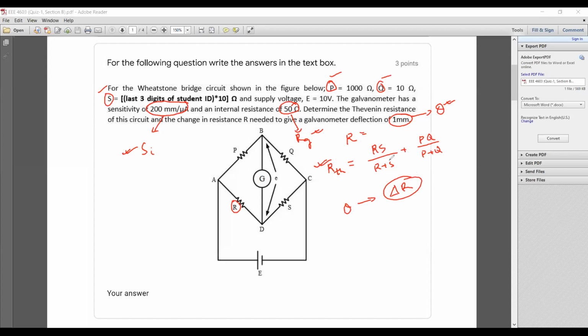For this math, the students who have done up to R Thevenin, or even for the value of R, I have given some partial marks. Those who have done up to the calculation of delta R got the full marks.